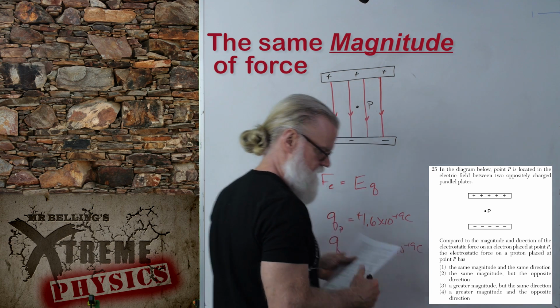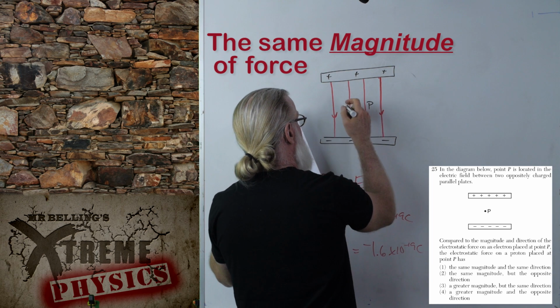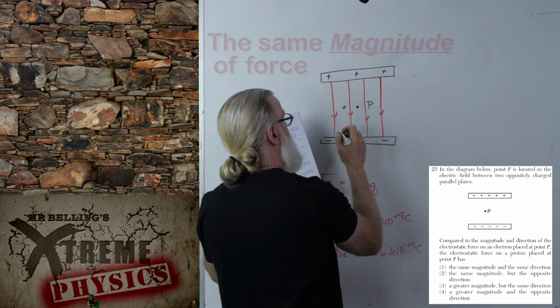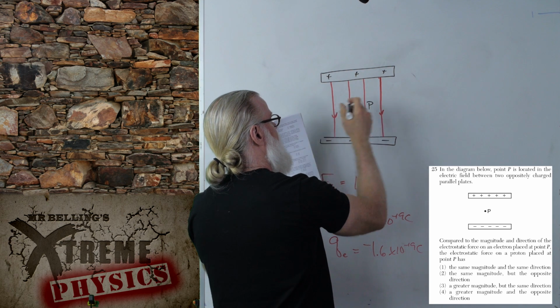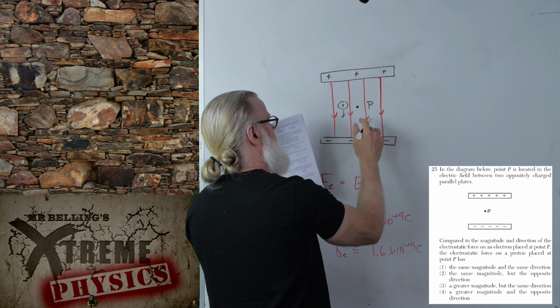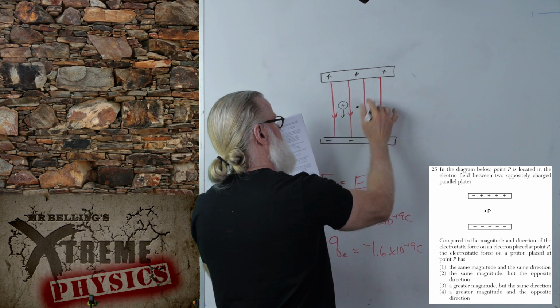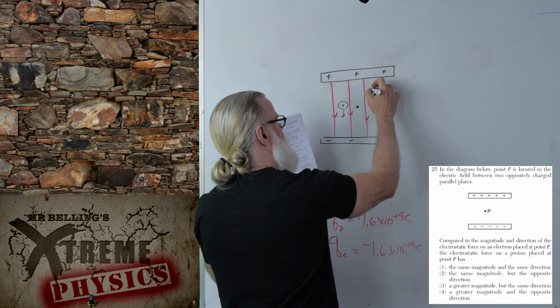If we think about this, if I put a proton here, like that, it's going to feel a force that way. And let me make it bigger so you can see. So here's my proton. If I put an electron there, it's going to feel a force this way.